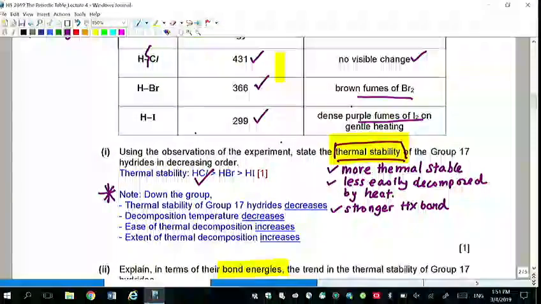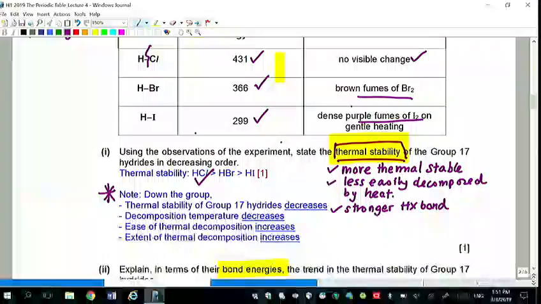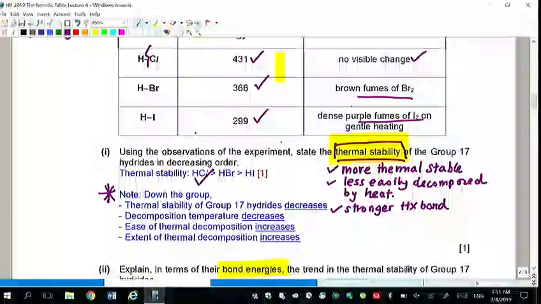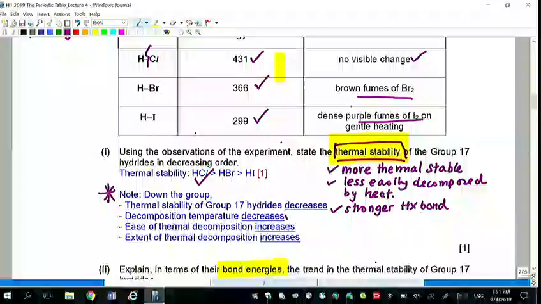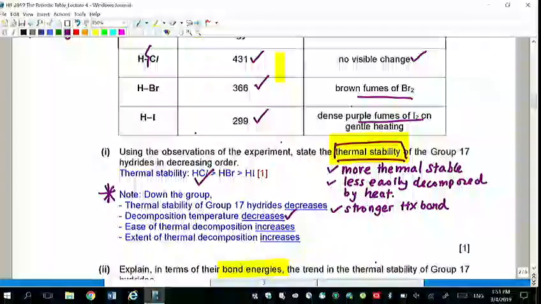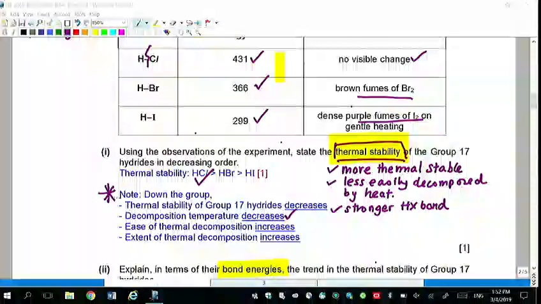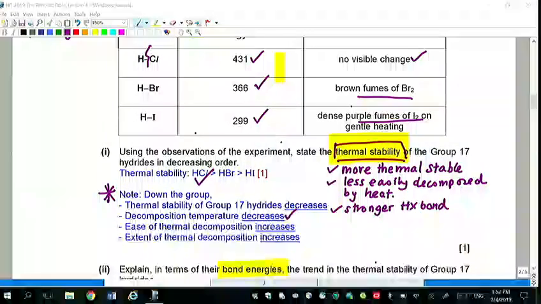Down the group, it becomes less thermal stable, meaning it becomes more easily decomposed by heat. So you require a lower temperature to decompose your group 17 hydride. Hence, the decomposition temperature decreases down the group. Can follow? I want you to write these 4 points down.